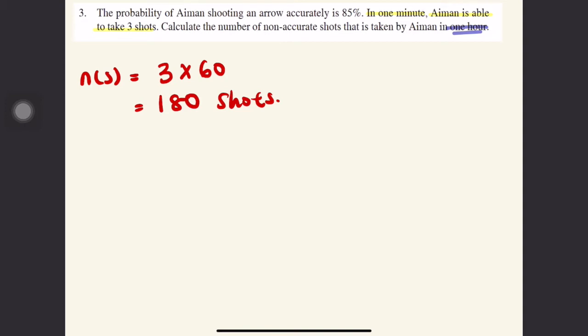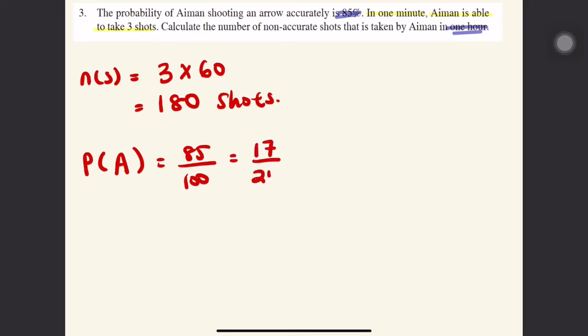From the question, Aiman is able to shoot accurately 85%. That is actually the probability of accurate, so I write it as A, which is 85 over 100, simplified as 17 over 20.